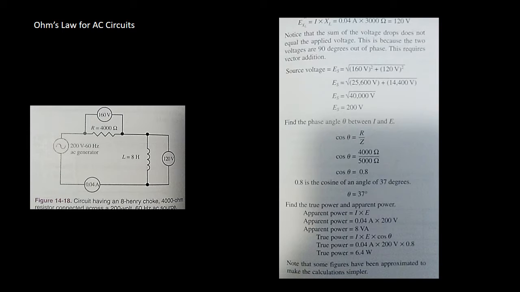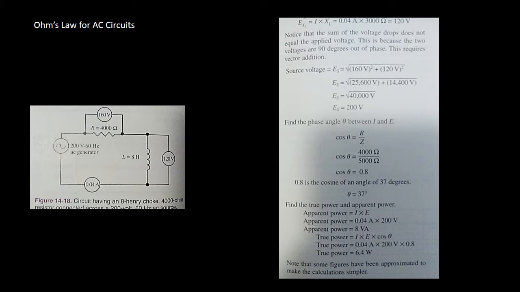To find the phase angle theta between I and E, you use the formula cosine theta equals R divided by Z, which is 4000 ohms divided by 5000 ohms, which is 0.8. 0.8 is the cosine of an angle of 37 degrees. Theta equals 37 degrees.